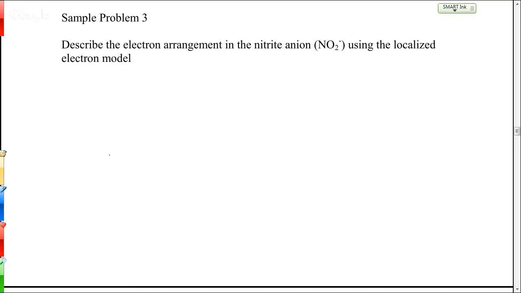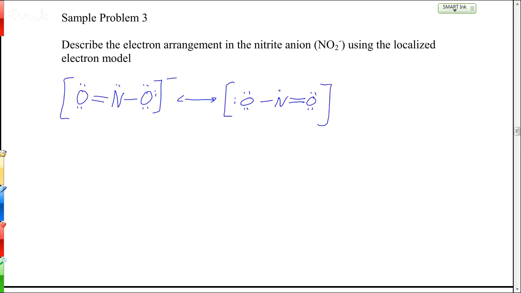All right, so I find these 2. Do you get something that looks like that?